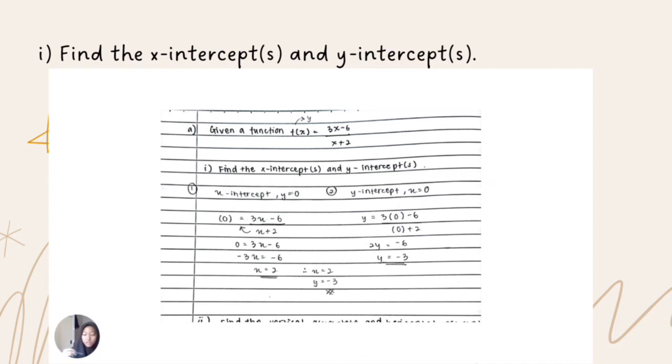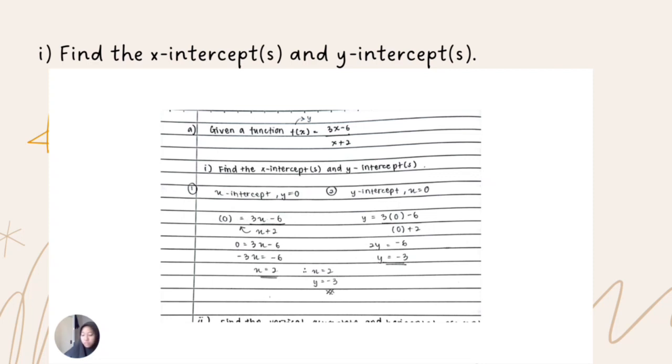We multiply the denominator x plus 2 by 0, which equals 0. So 0 equals 3x minus 6, and negative 3x equals negative 6, and x we get 2. This is the x-intercept.